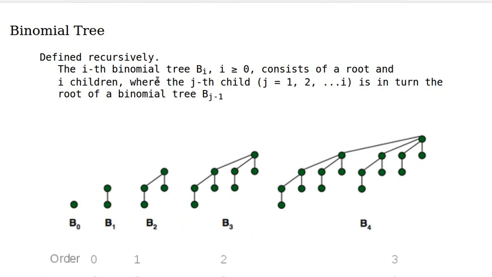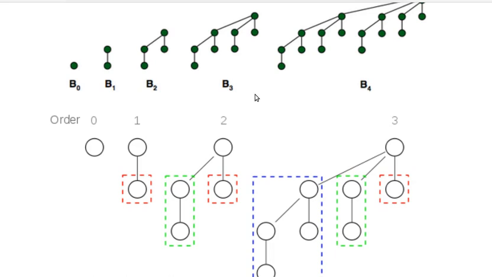Where the jth child, j equals 1 up to i, we call this first, second, third, is in turn the root of a binomial tree B(i-j). So the first one is the root of B0, this is the root of B1, and so on. So it is defined recursively.